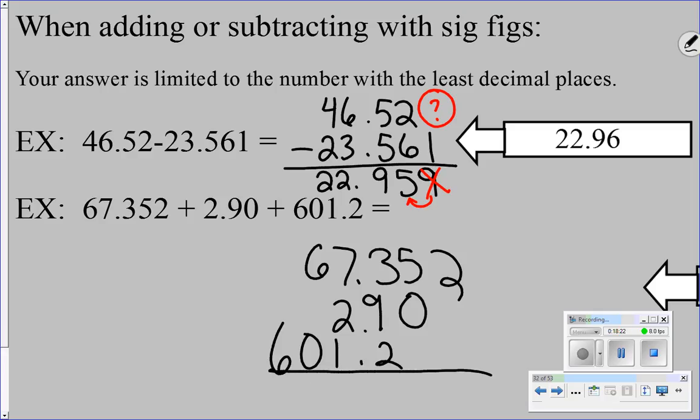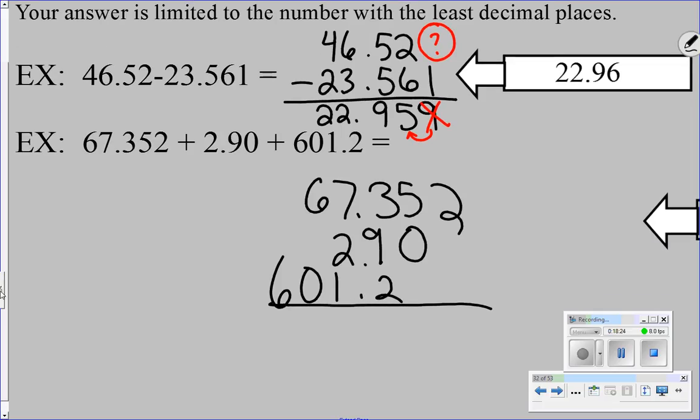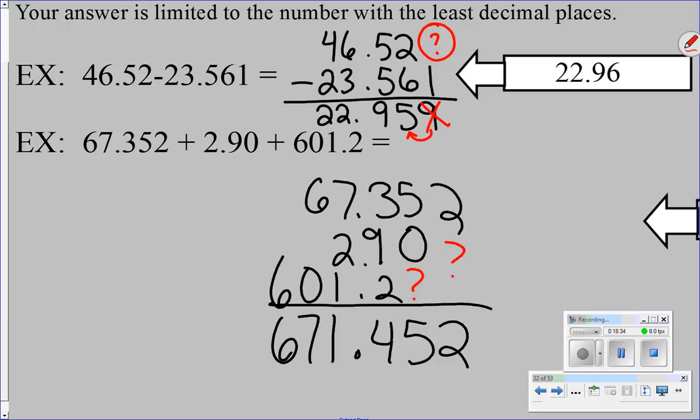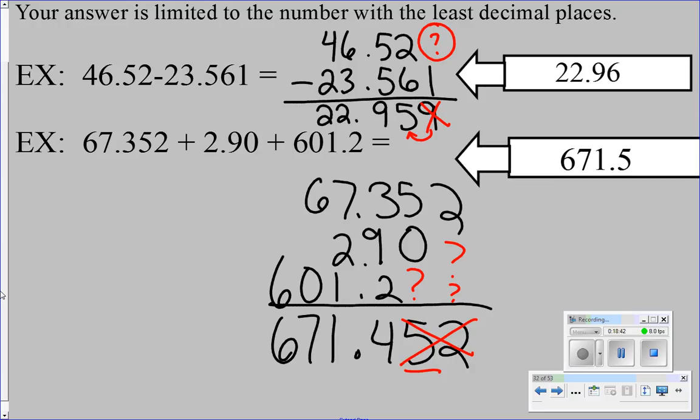So we're actually going to be quite limited in this just because our large number only has 1 decimal place. So when you add these together, you get 671.452. We have a lot of question marks in this one, so we really can't keep either of these guys. Because that's a 5, we will round that up, and we will get 671.5.